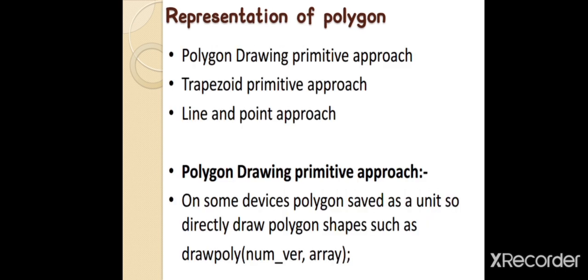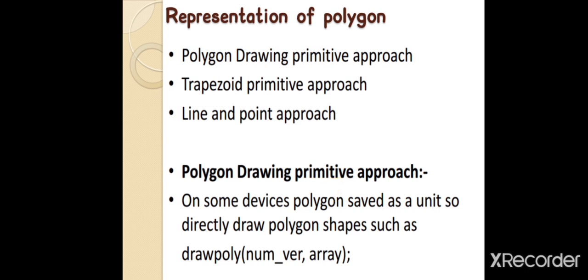Now the representation of polygon has three approaches: the polygon drawing primitive approach, the trapezoid primitive approach, and the line and point approach. First is the polygon drawing primitive approach, where on some devices the polygon is saved as a unit, so it directly draws the polygon shape, such as with draw poly. In many devices, if we type the command draw poly with the given number of vertices and those values, it can draw a polygon.